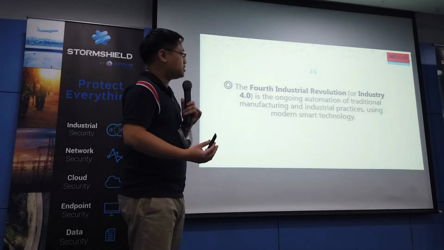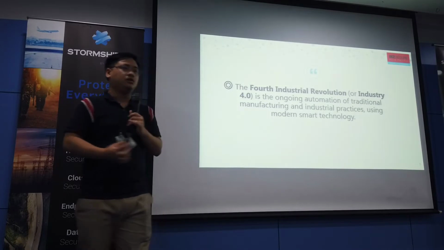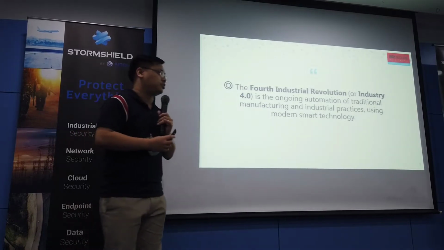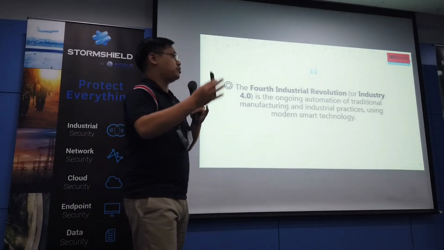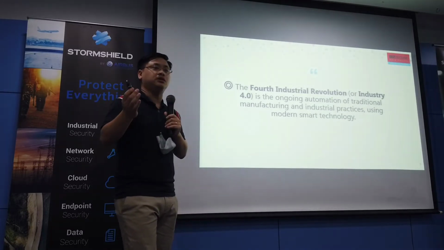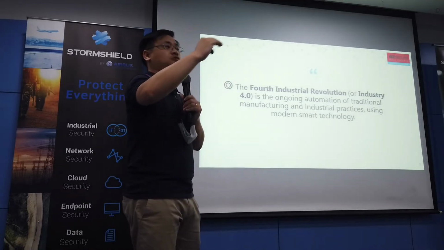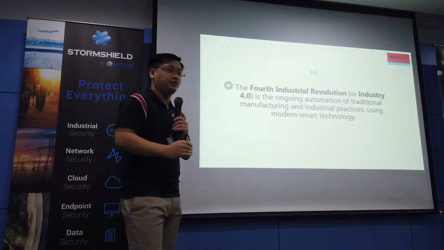So through Industry 4.0 you have the ability to say, okay, this is my policy, my security policy. If, for example, the temperature is too high, then automatically drop it down. If the water level is too high, then automatically close the gate, for example.